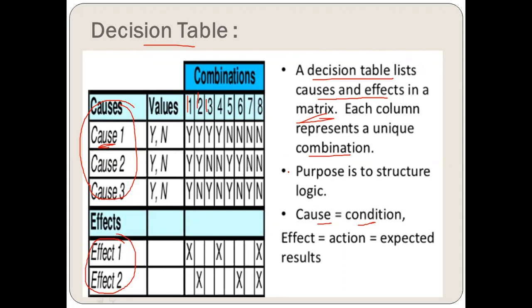What actions are to be taken in specific conditions. So each unique column will have specific conditions, and according to these conditions, the actions will be stated. So basically, it is a logical structure which is defining that in which condition what action needs to be taken, right? So this will give you a clarity.